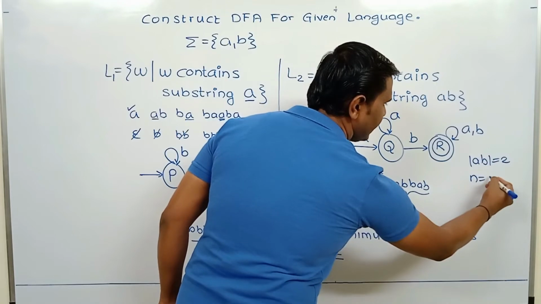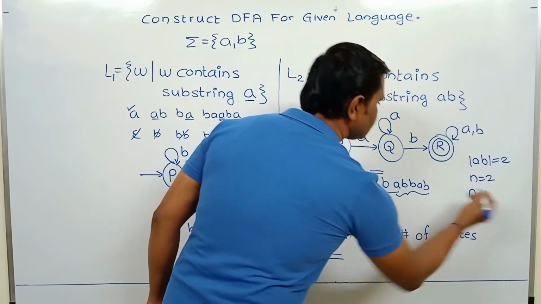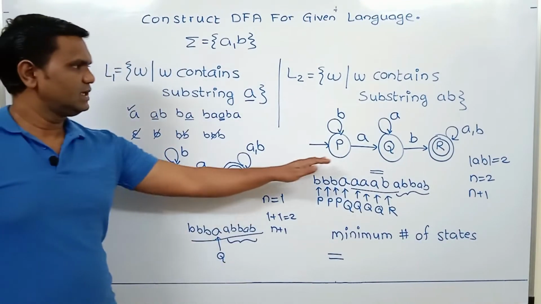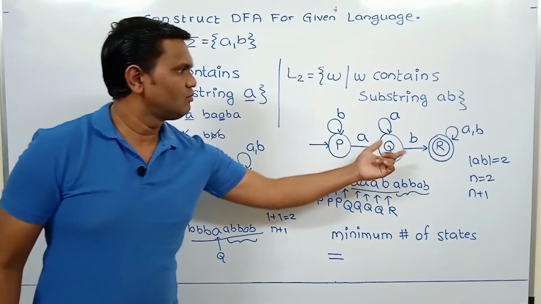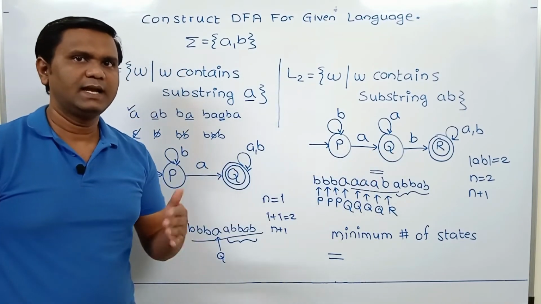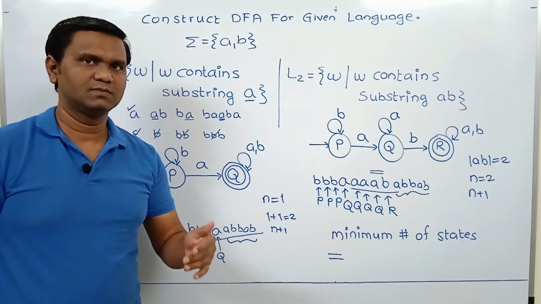So if we consider n equal to 2, we require n plus 1, 3 states. So this is the easy part because this length is small. If we go for substring ABAA, then in that case we have to understand some logic and develop the procedure.